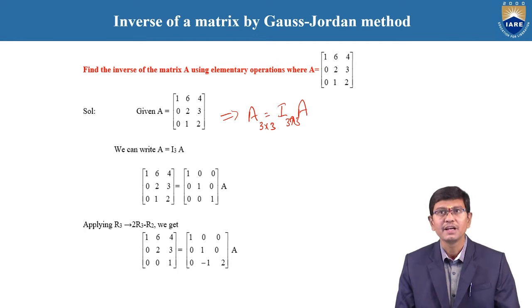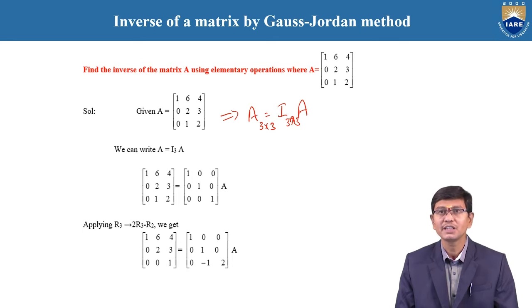This is another method compared to the previous method. The first method is known as the augmented matrix method, but this one is with the help of A is equal to In into A only.